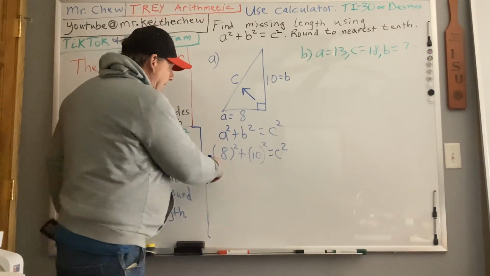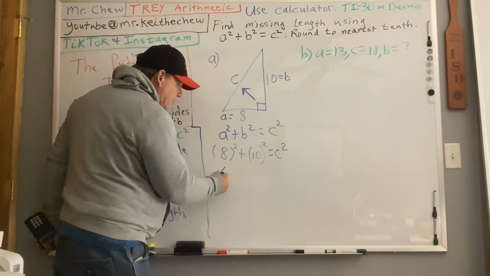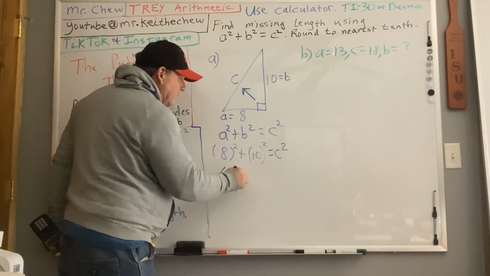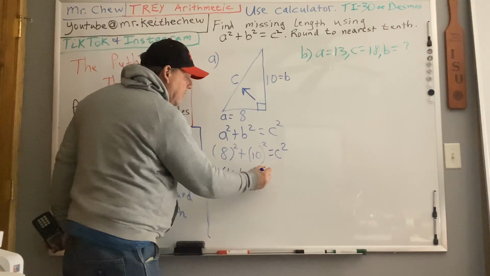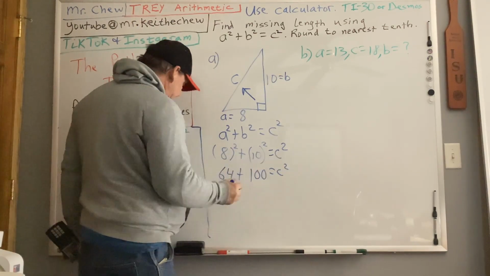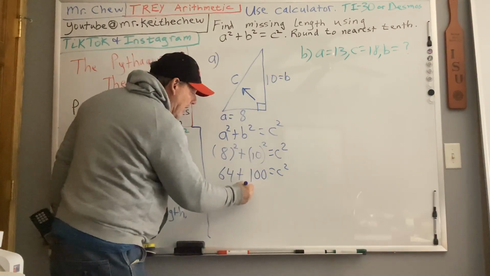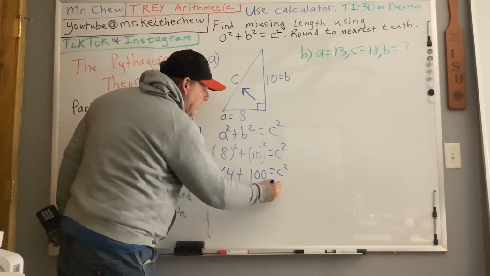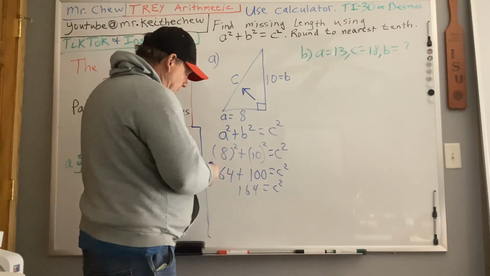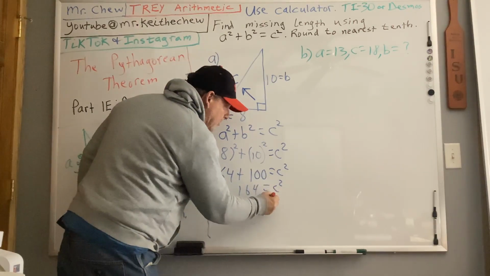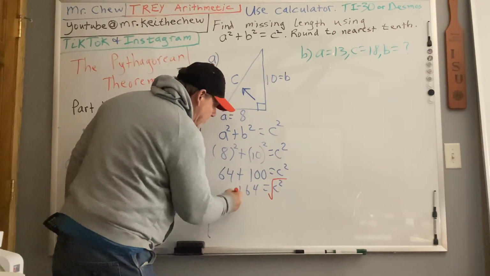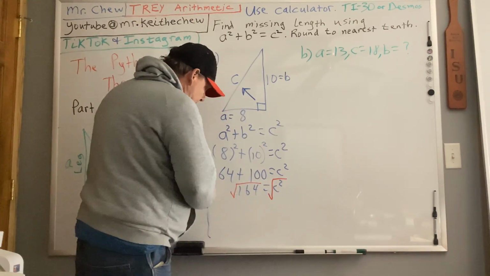So 8 squared is 8 times 8, which is 64. 10 squared, which is 10 times 10, which is 100. And that equals C squared. I add them up. I get 164 equals C squared. The way we solve this in the earlier video, you do the inverse of a square, which is a square root.